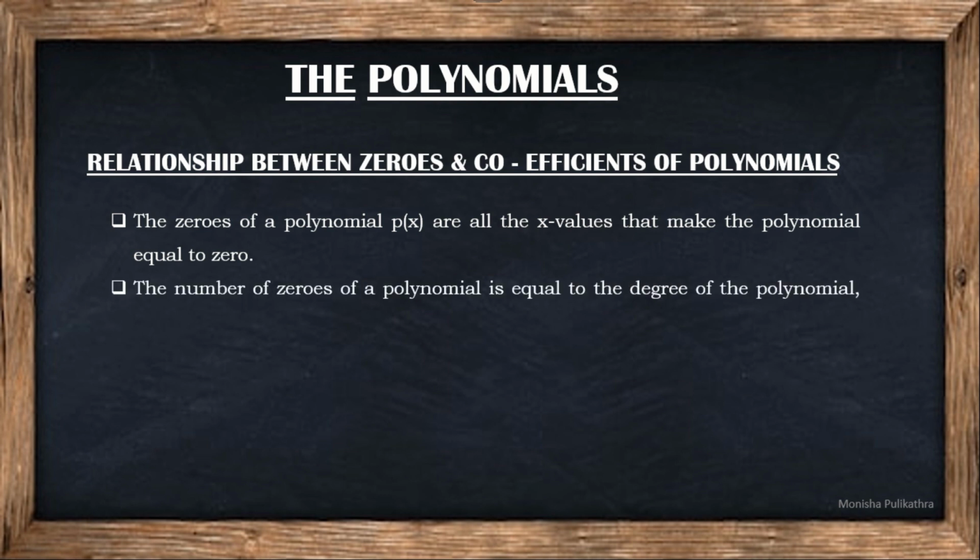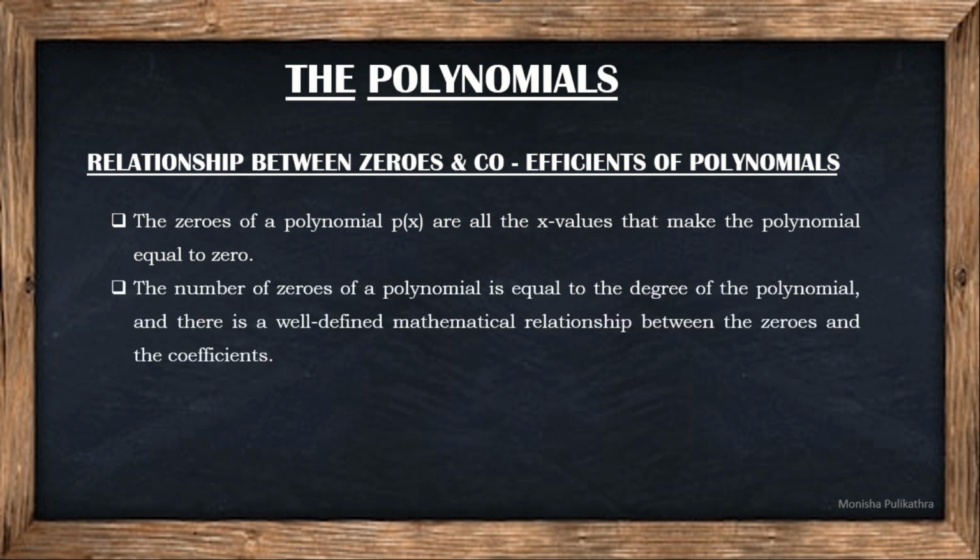The next point is, the number of zeros of a polynomial is equal to the degree of the polynomial, and there is a well-defined mathematical relationship between the zeros and the coefficients. I will take the previous example itself, 4x square plus 3x plus 2 is equal to 0. The degree is 2 because in 4x square, the highest exponent is 2.